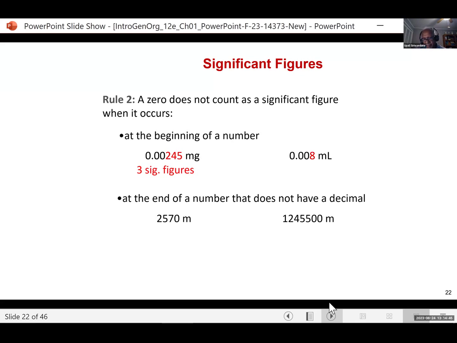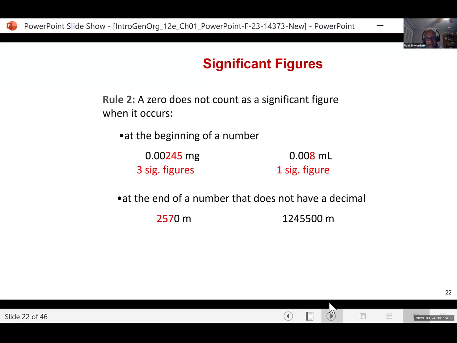This one, what do you think? It should be 1. Beginning zeros don't count. Leading zeros don't count. Now this is trailing zeros.